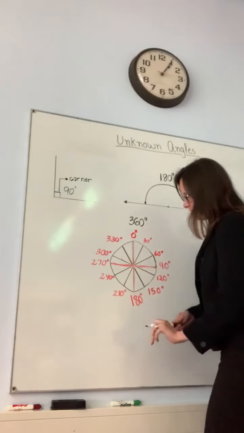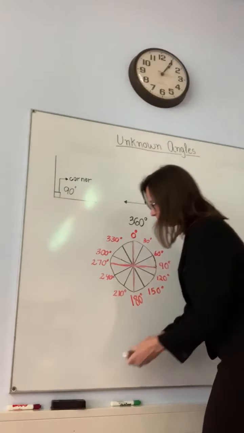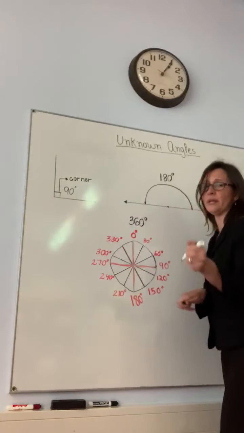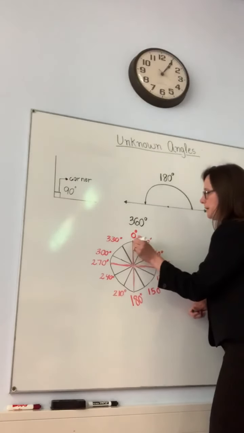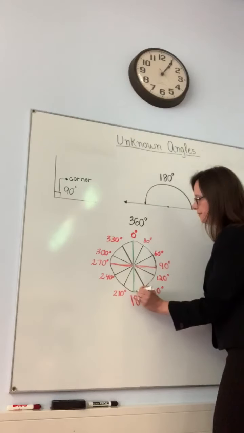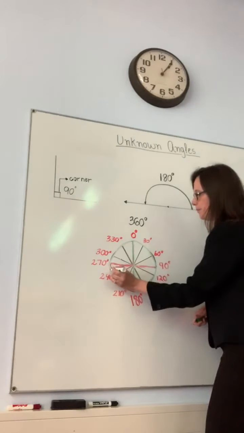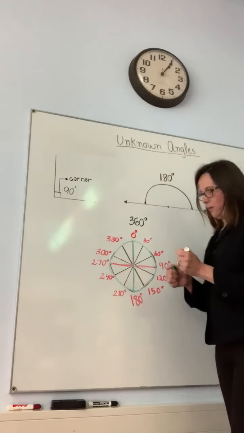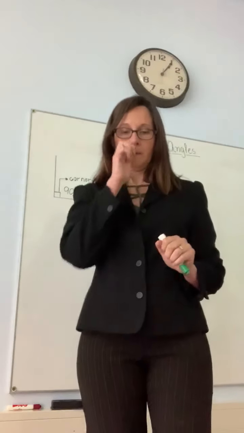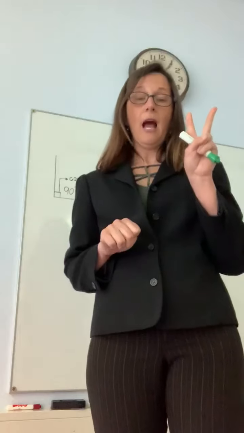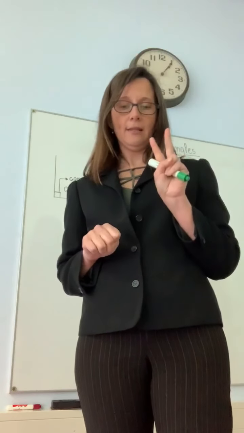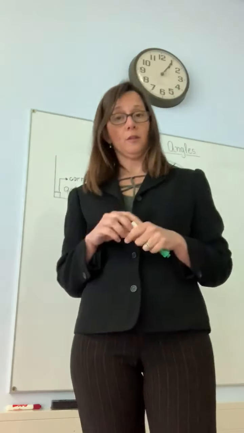Oh, sorry, I meant to get another color. So use the green. It's a little better. So this will be 1, and this will be 2. So we need to put two 180 degree angles together to make a full circle, okay?